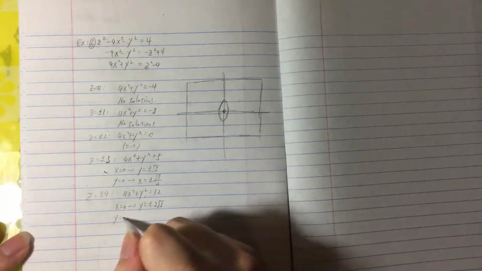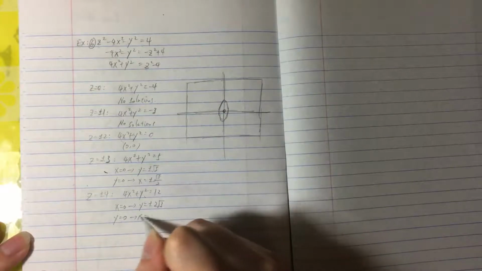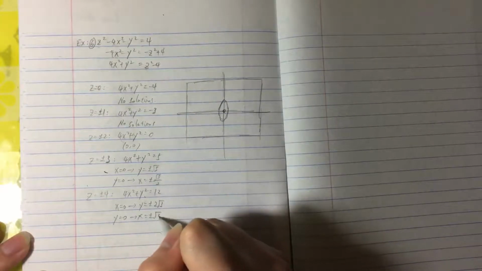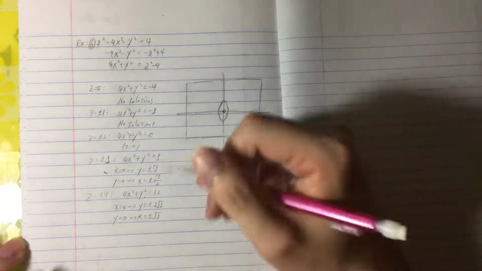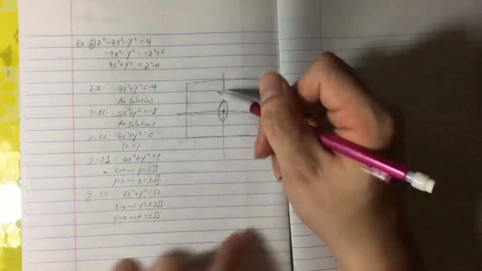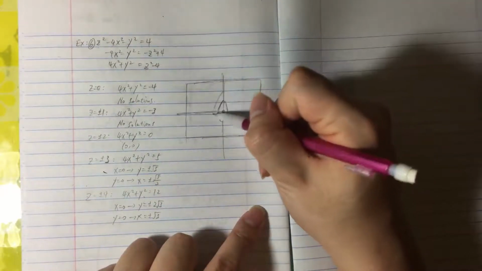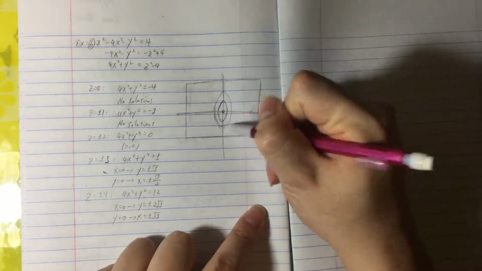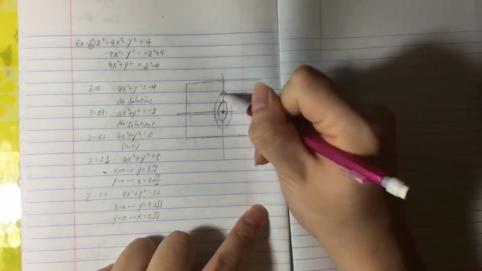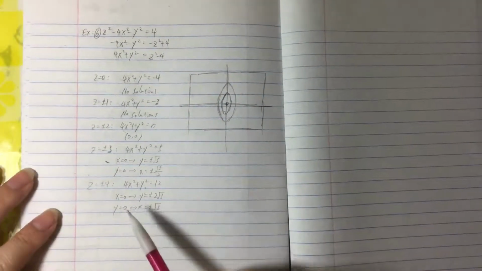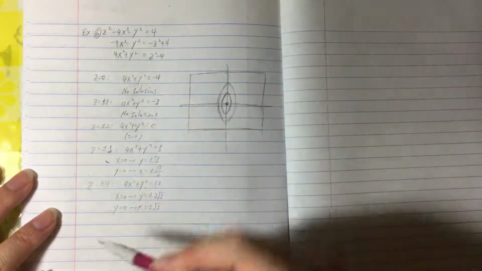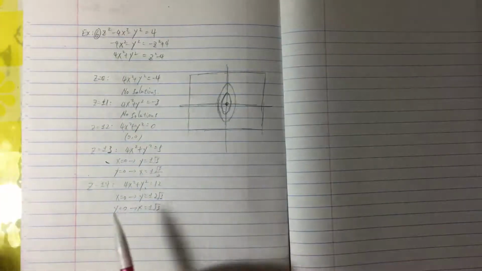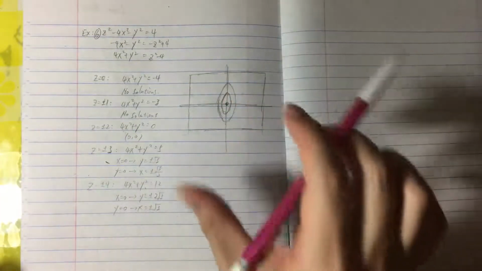When y is 0, x equal to plus or minus radical 3. So this ellipse is wider along the y-axis, narrower along the x-axis. So here we can see that as z increases, the ellipse gets larger.